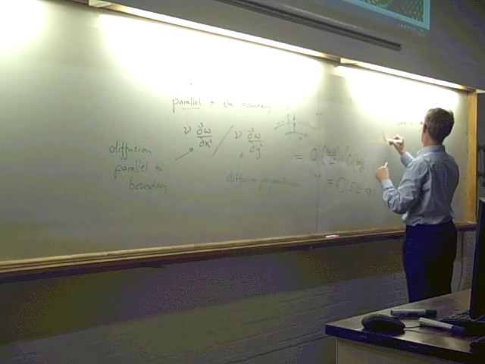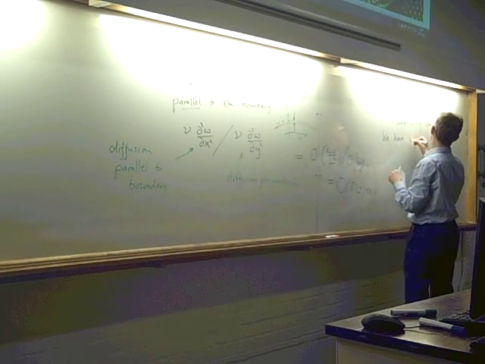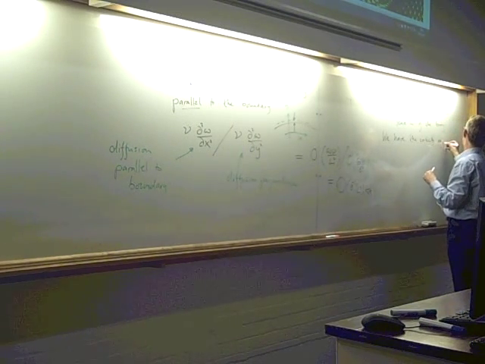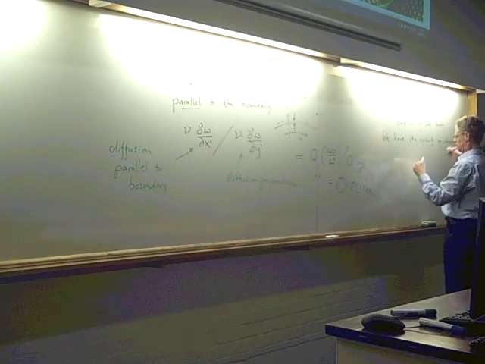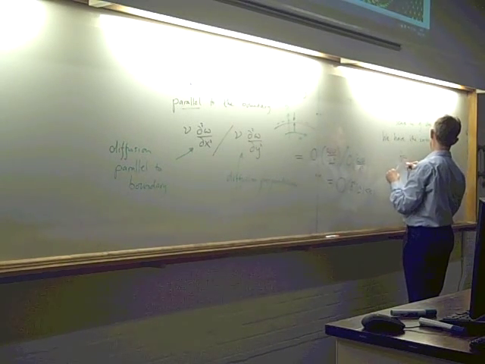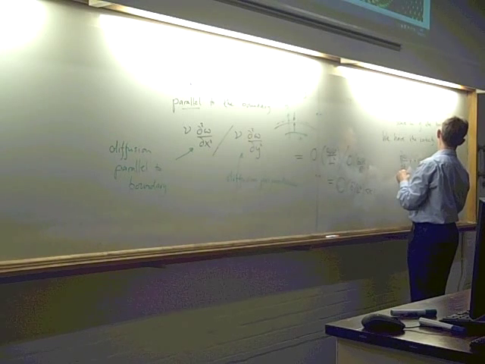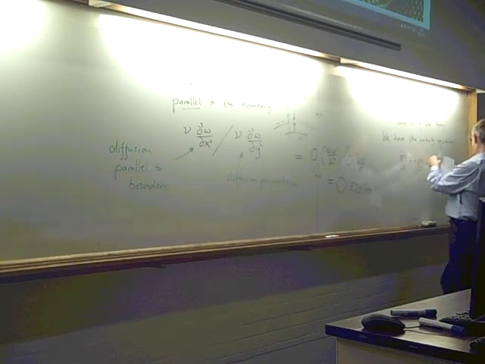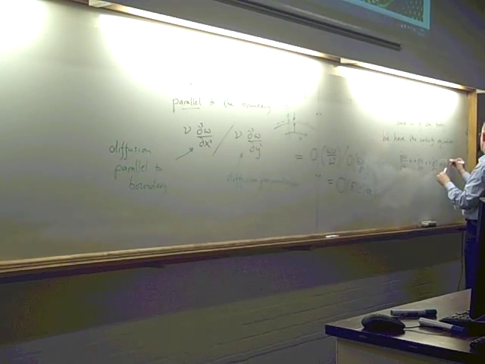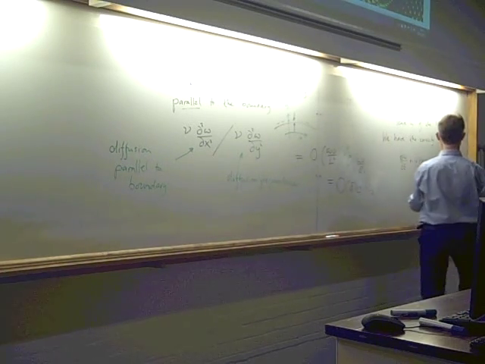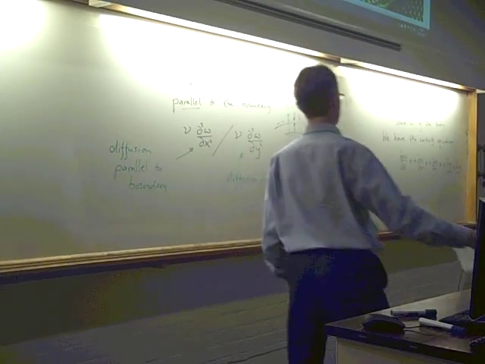So the d omega by dt plus U d omega by dx plus V d omega by dy is equal to mu times d2 omega by dx squared plus d2 omega by dy squared. That's the vorticity equation which we're deriving in sheet 3, question 2.